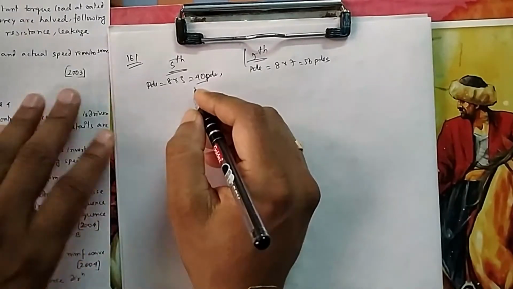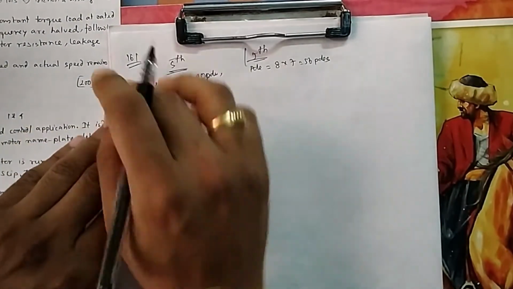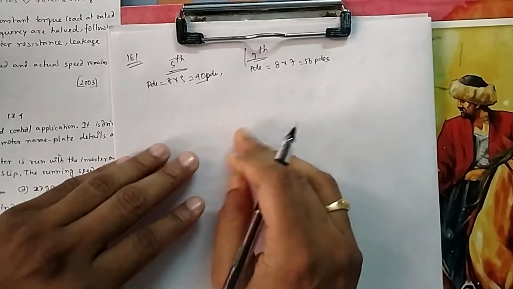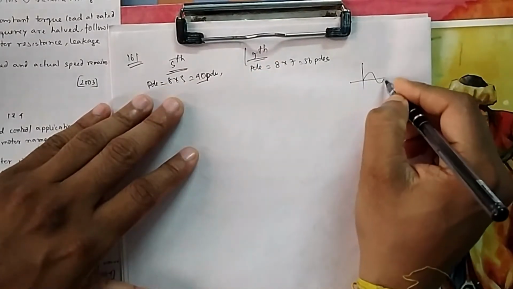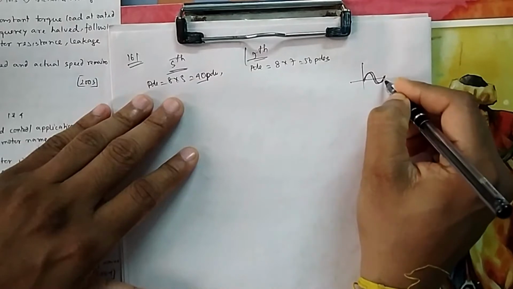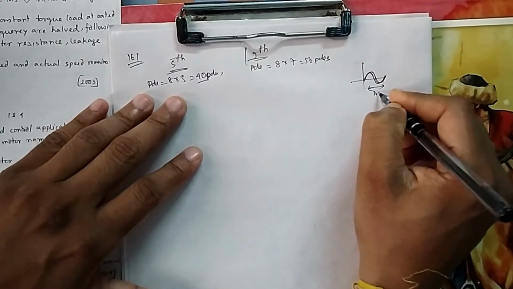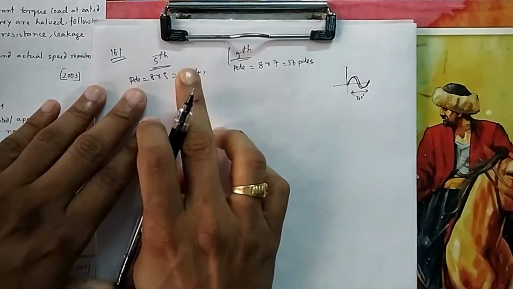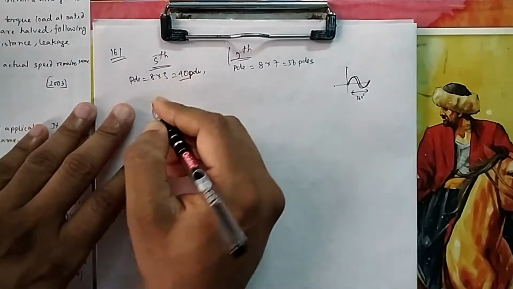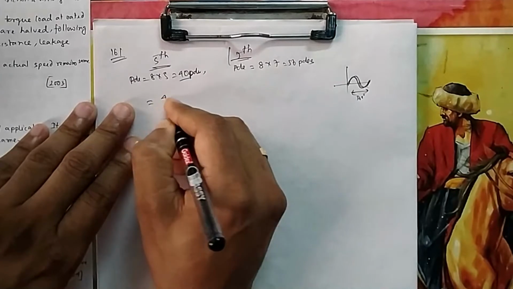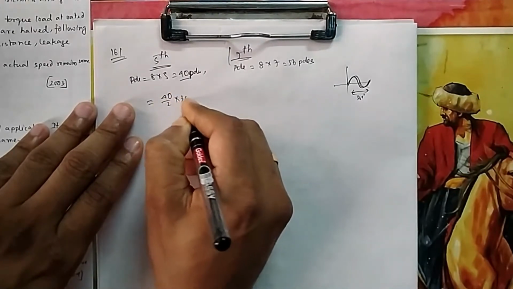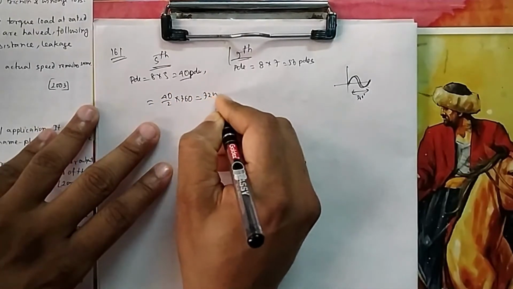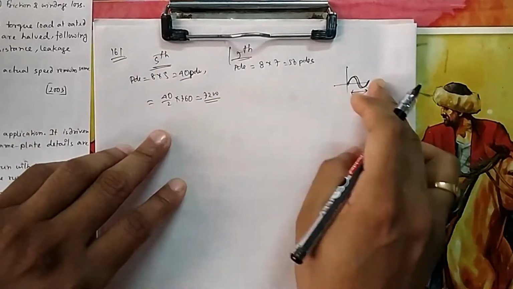For one complete rotation, it is 360 degrees in our normal mechanical system. In this pole system, because there are 40 poles, the electrical degree will be equal to P by 2 into 360, that is 7200 degrees for one revolution.